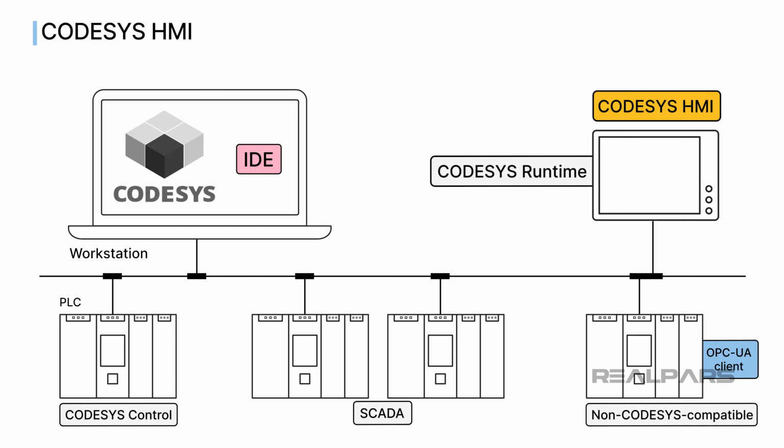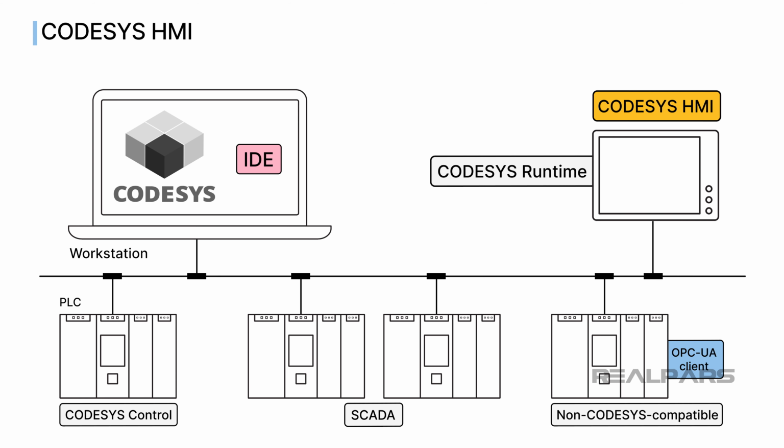Furthermore, an OPC UA client can be used to connect the CODESYS visualization to non-CODESYS compatible devices. The disadvantage of a CODESYS HMI deployment is that the complexity of the system is increased since there are more CODESYS runtime instances which are all engineered separately.